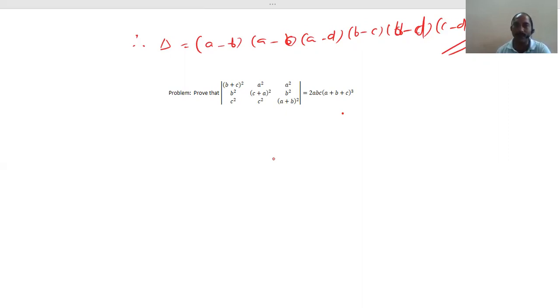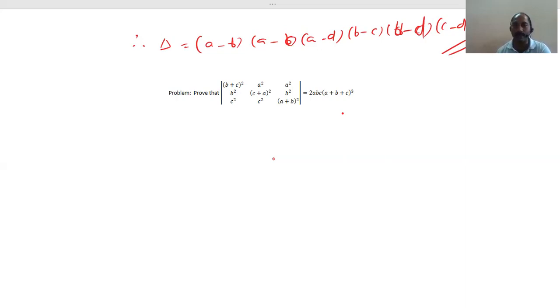Usually we get parallel lines: (b plus c) whole square, 0, 0, b square, 1, 1, c square, 1, 1. So you understand that these two columns are parallel. When this happens by substituting a equal to 0, two columns or two rows are parallel. Here the columns are parallel, so as per our factorization method, a is a factor.